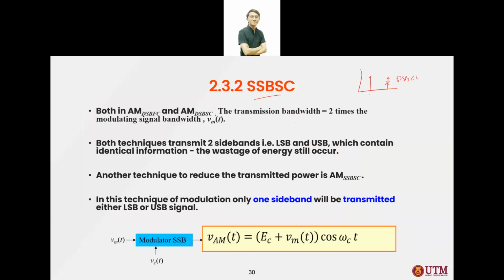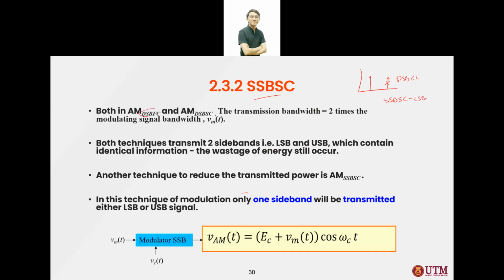Let's say we want the lower sideband, so we have single sideband suppressed carrier LSB, for example, lower sideband. By having this single sideband, we reduce the power and bandwidth even more because we send only one sideband instead of two.